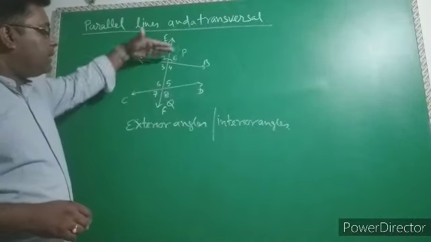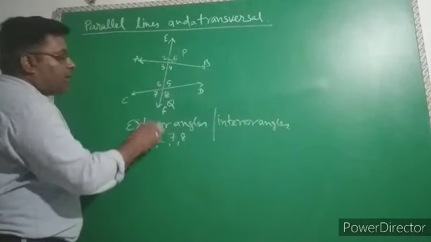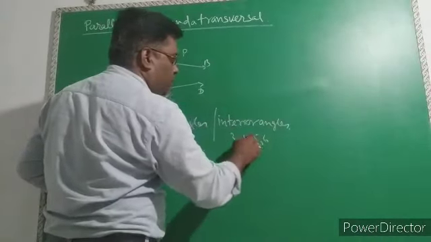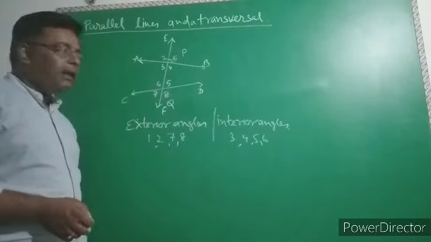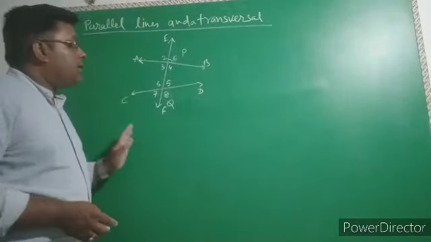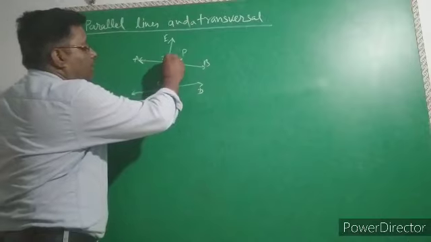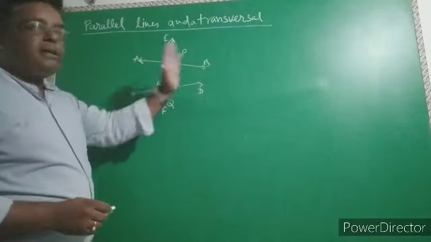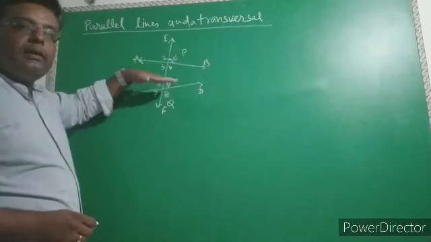So first we get 2 types of angles. Here 1, 2, 7, 8 are called exterior, and 3, 4, 5, 6, these 4 angles, are called interior angles. Now see, angle 1 and angle 5 are on the same side of the transversal and on the same side of the straight line.